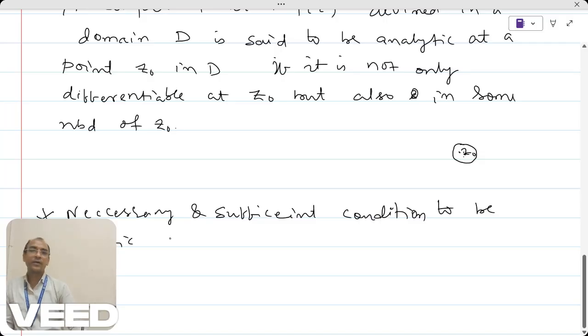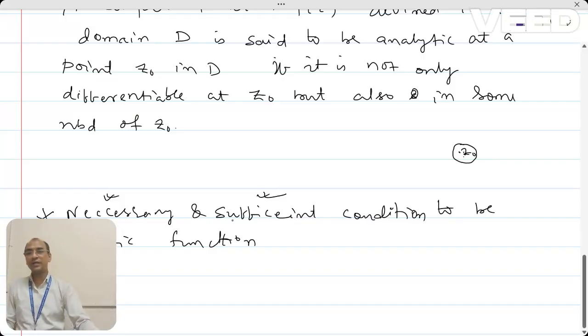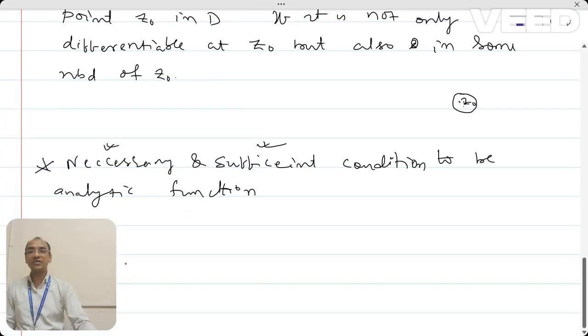Actually, there are two statements. One is for the necessary condition and the other is for the sufficient condition. But I am combining both of them and giving it in one place, and I am saying the necessary and sufficient condition to be an analytic function.